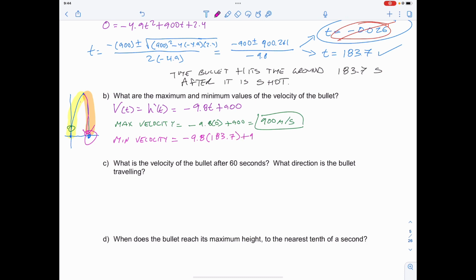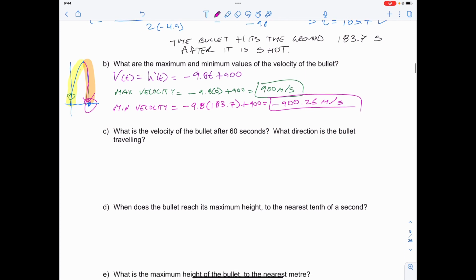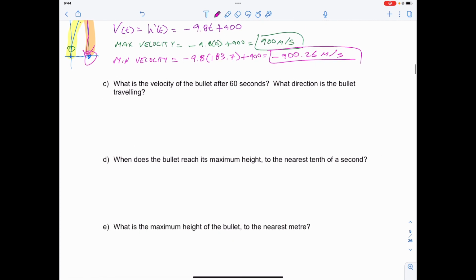We solved that in the last question, which is going to give me negative 900.26 meters per second. Now, it logically makes sense that the max velocity and the min velocity look so similar because when it was first shot, it was very close to the ground, which means that as it's going up, it's going to have approximately the same velocity as when it came back down again. The only acceleration that's happening there is gravity.